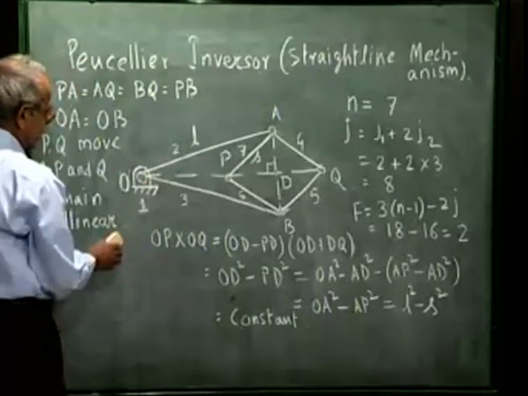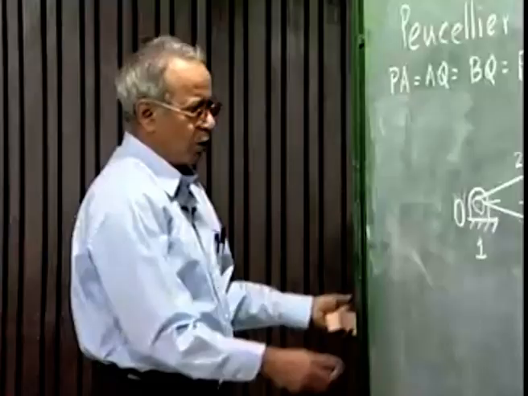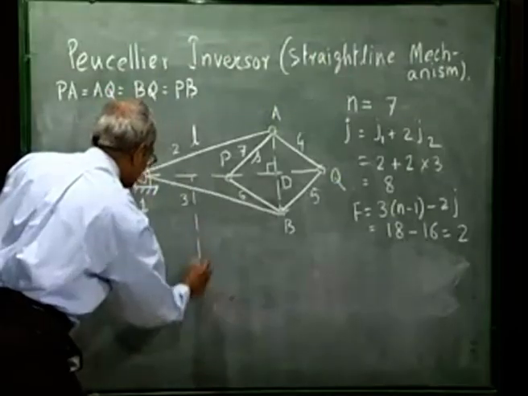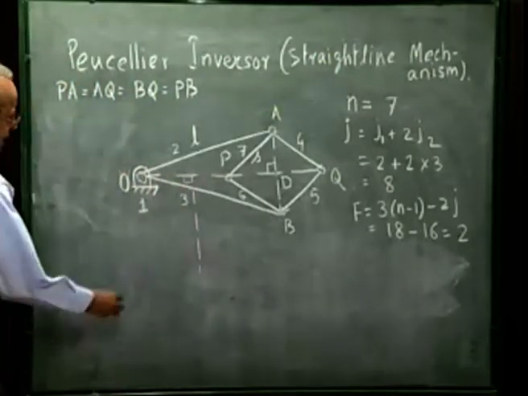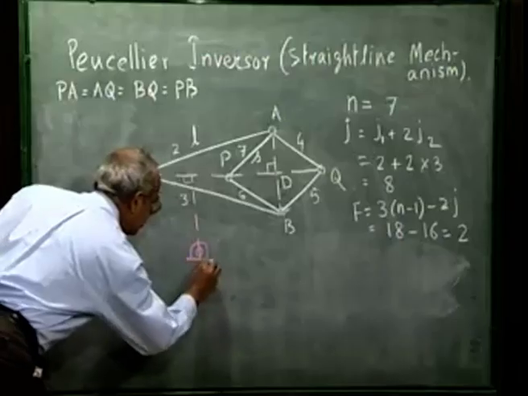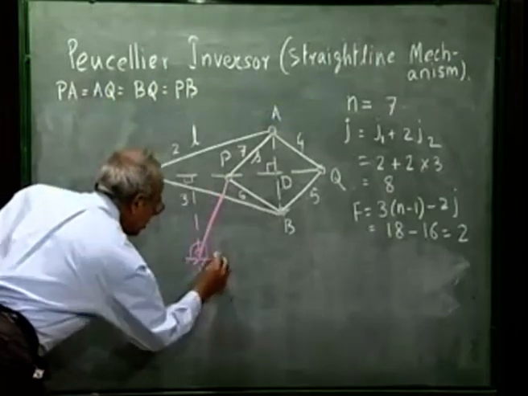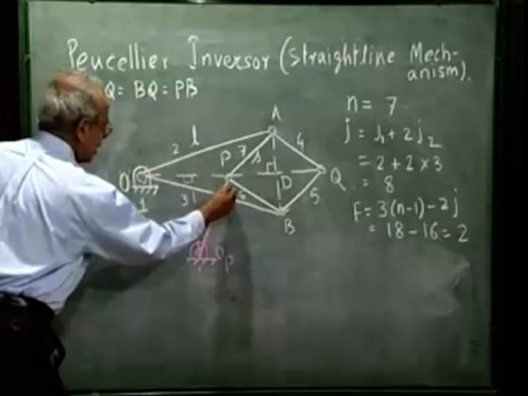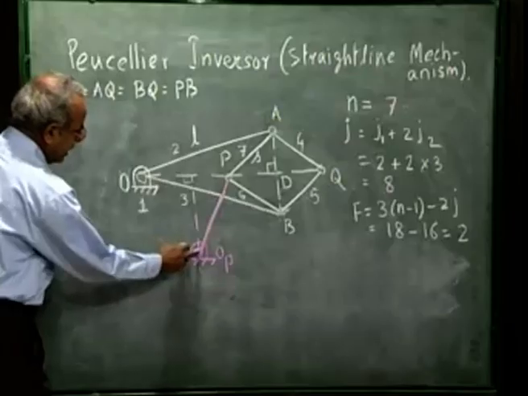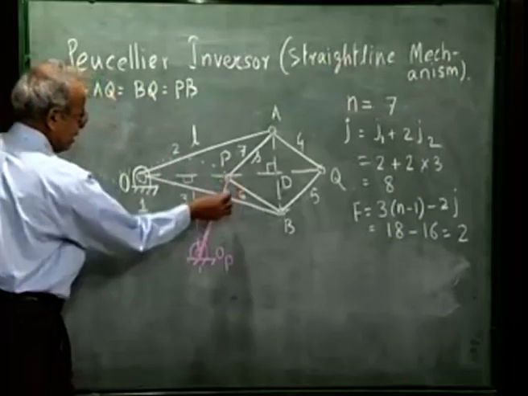To ensure that P moves on a circle passing through O, we draw a mid-normal to OP, perpendicular bisector to OP, and join a length, this point let me call OOP, and join one more link which is OOP P. As we see, because OOP is equal to OOP P, as the point P moves, it must move along a circle passing through the point O.